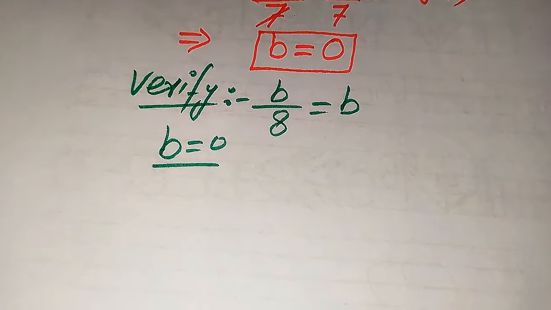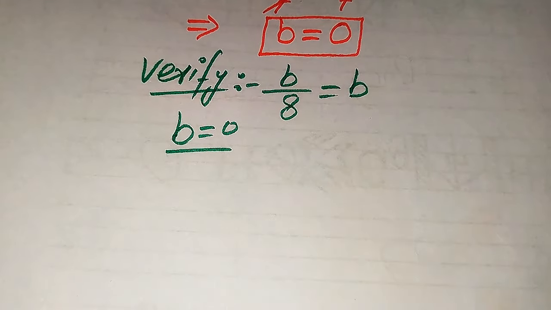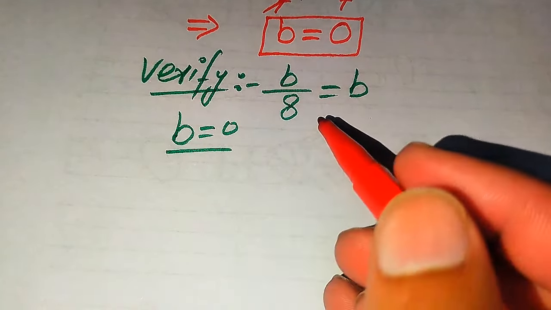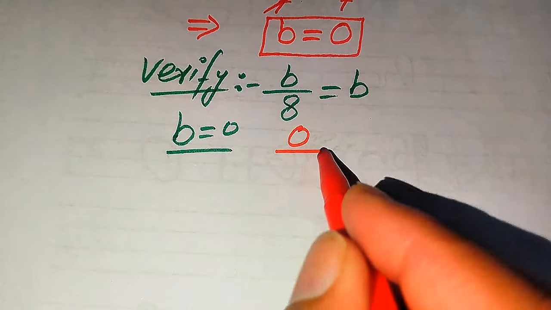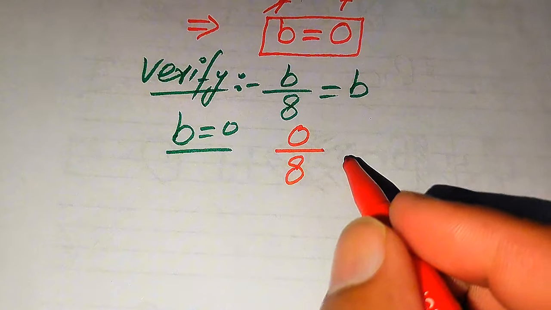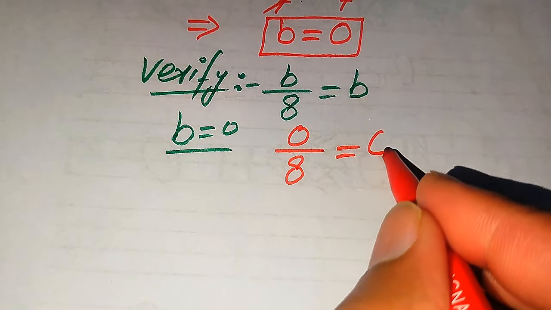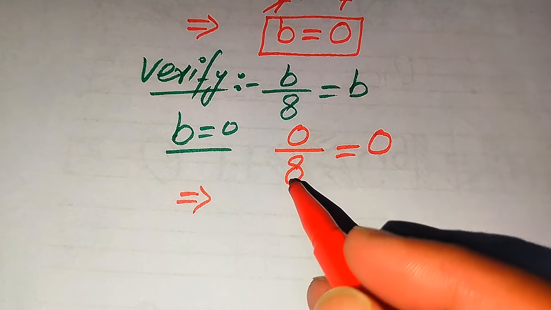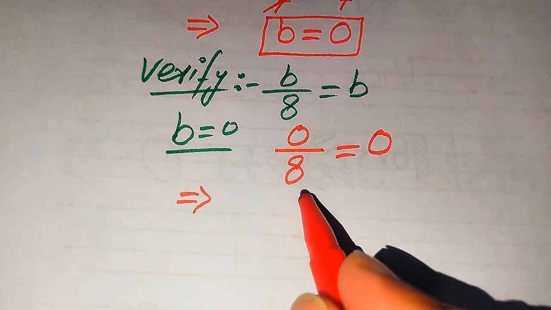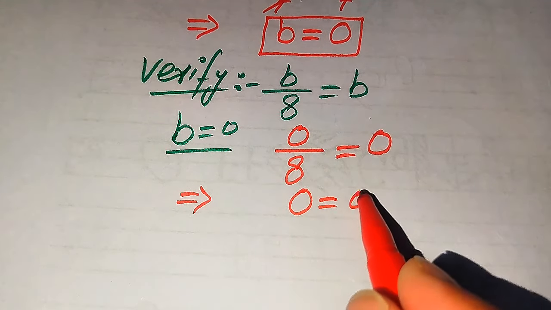Further, we substitute this value into the left hand side and right hand side as well. So after substituting this value on both of the sides, we get 0 divided by 8 is equal to 0. And we know that when we divide 0 by any other number, we always get 0, so 0 equals 0.